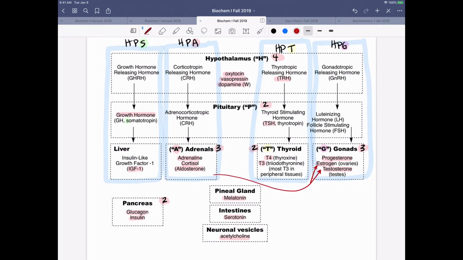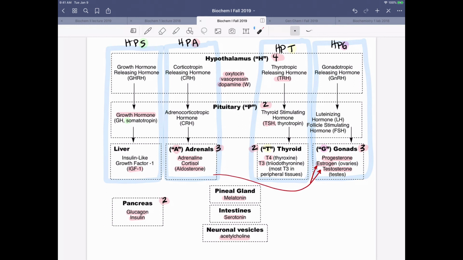So hopefully that's a way to help compartmentalize the hormones that you needed to know that were part of these axes, and that really represents about 15 of the hormones that you need to know. Now the other hormones are related here, and so I've got them grouped accordingly. When we think about glucose homeostasis, we think about glucagon and insulin and their production in the pancreas.